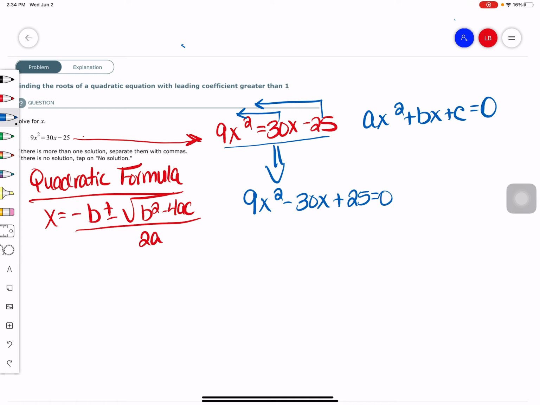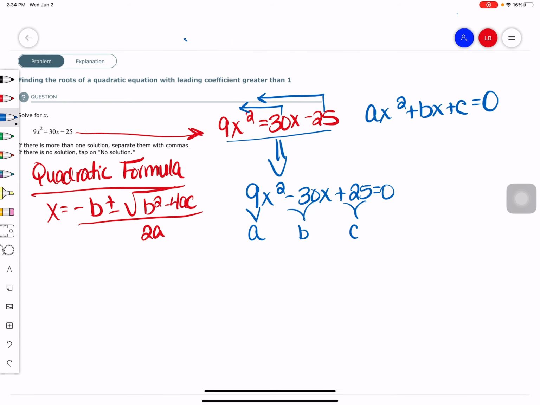And in that form, I can see what my a is, what my b is, and what my c is. My a is equal to 9, my b is equal to negative 30, and my c is equal to a positive 25.